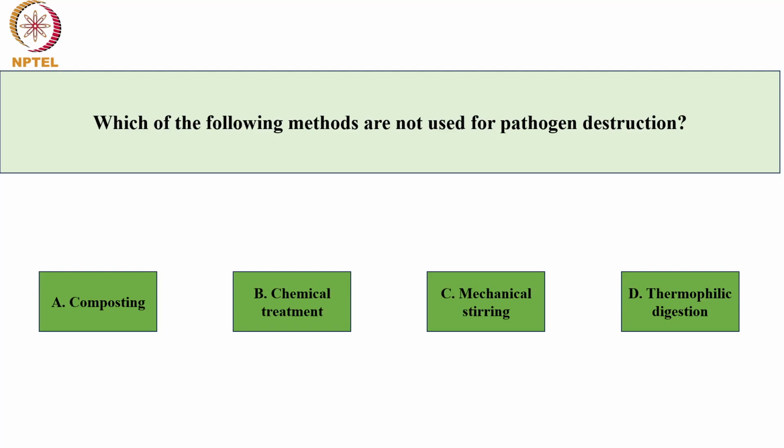For thermophilic digestion, thermophilic bacteria will be acting and heat will be generated, because of which the pathogens will die. So the answer is mechanical stirring, because just by mechanical stirring you won't generate anything that will kill pathogens.